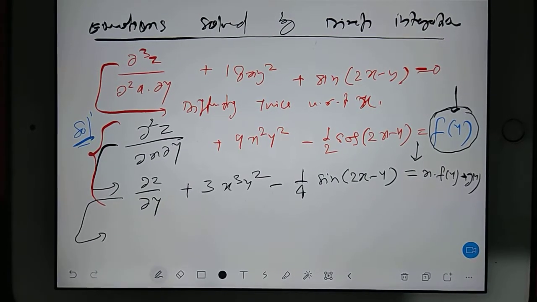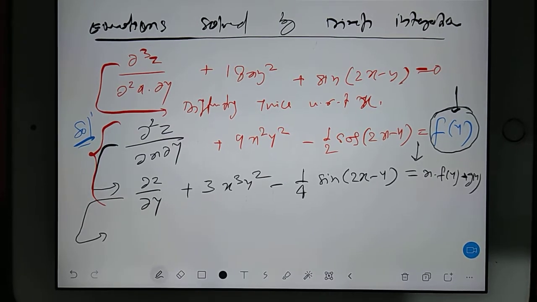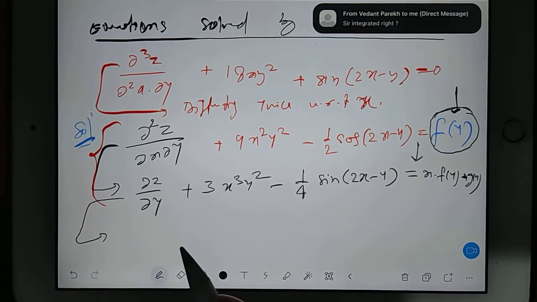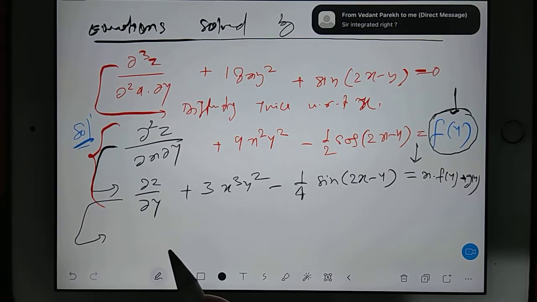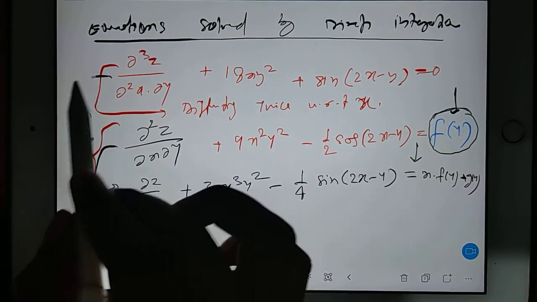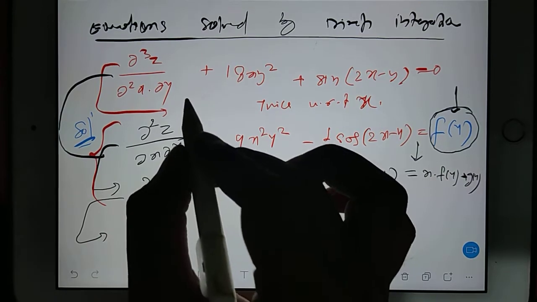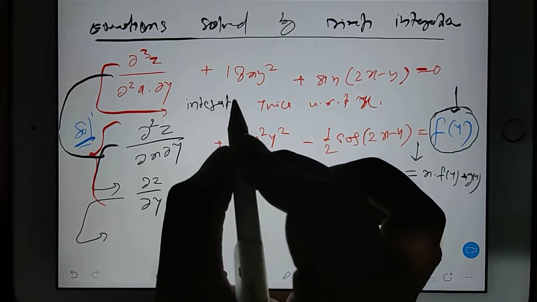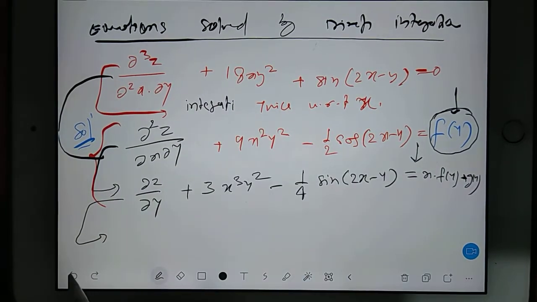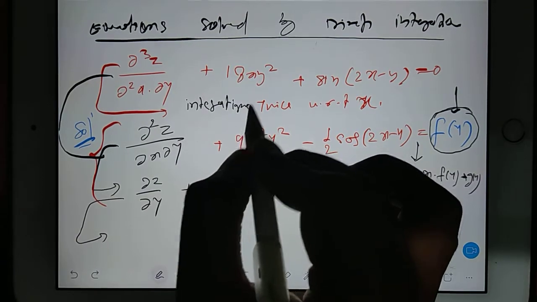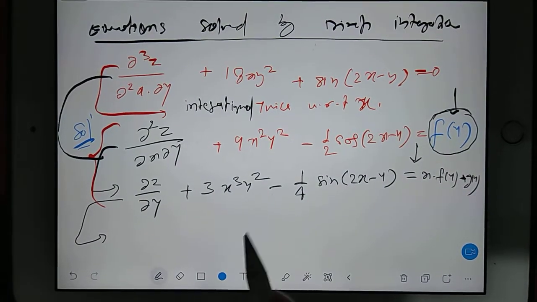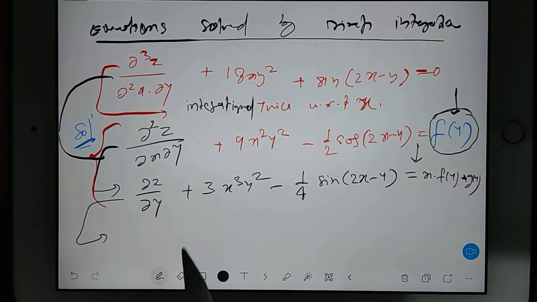So don't be in inertia, now we have to integrate for y. Because of inertia I made a mistake. Anyway, now integrate one more time.